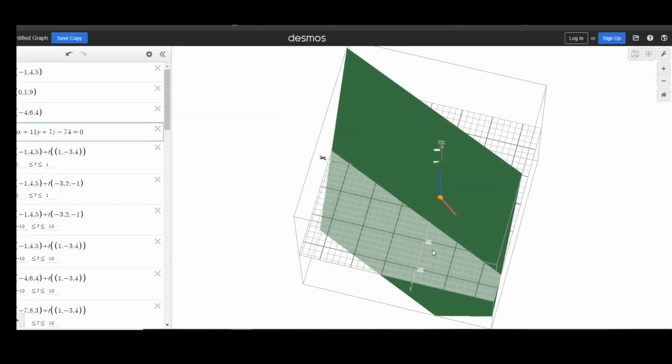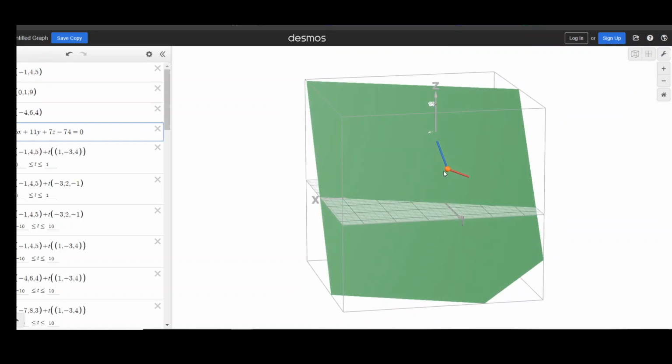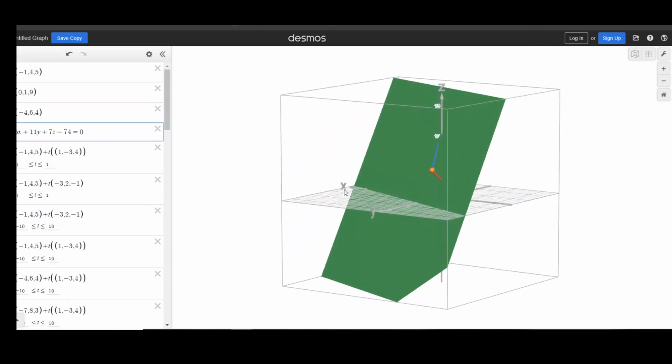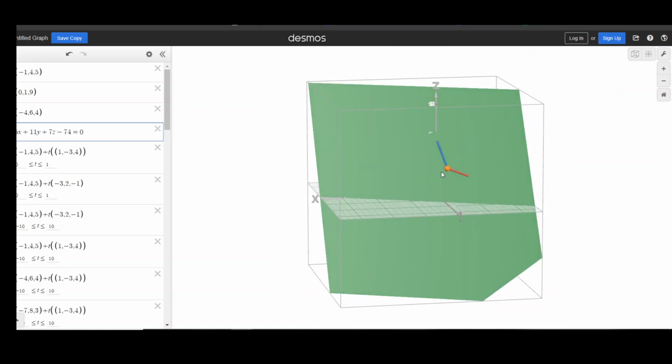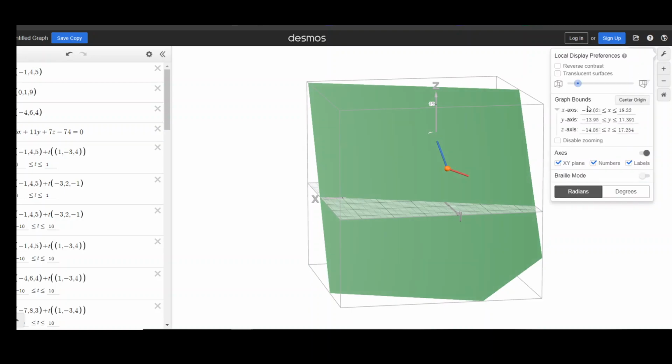So these are the things we're using to define the entire plane. We've got that single point, that orange thing in the middle, and then one vector pointing that way, one vector pointing that way, and they all live on this flat surface. One thing I'll point out about Desmos is it will graph basically a rectangle, or a cube, I should say, rectangular prism, so you can define how far it wants it to show.